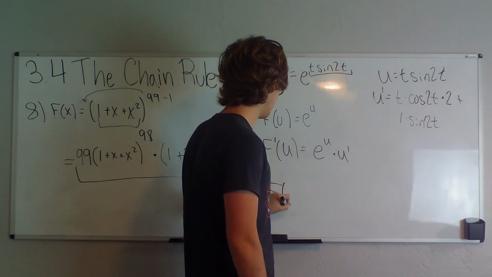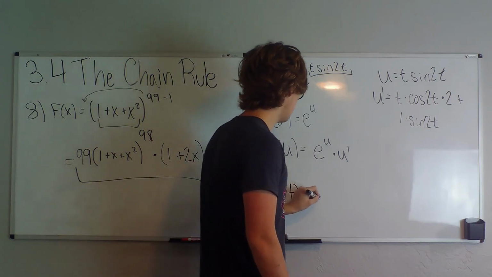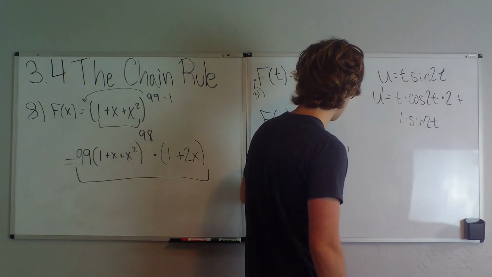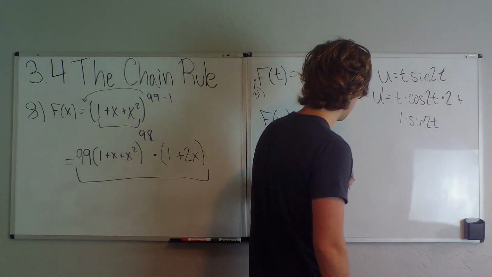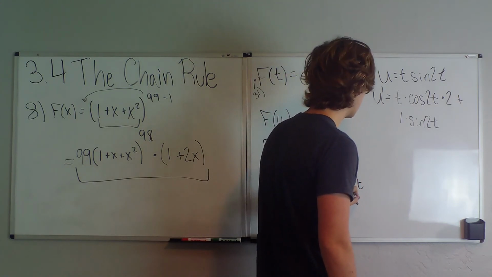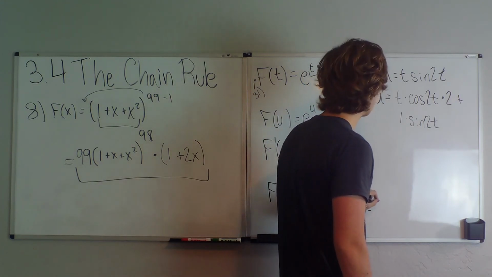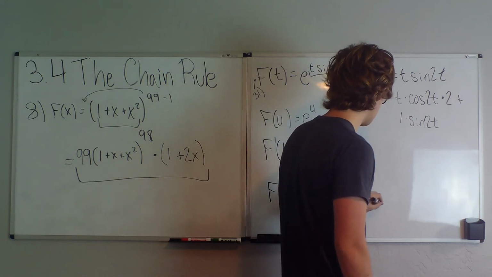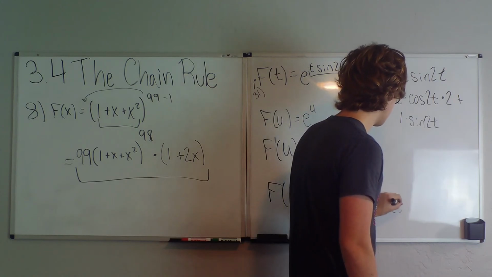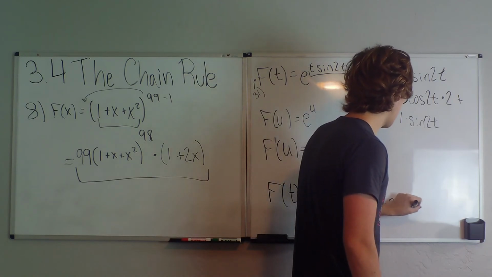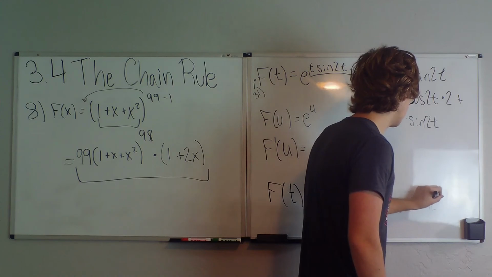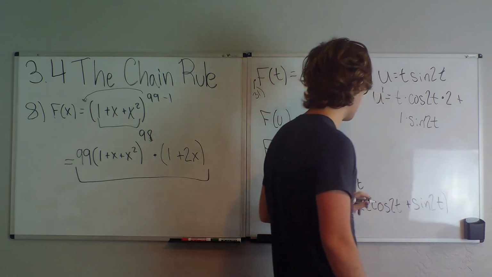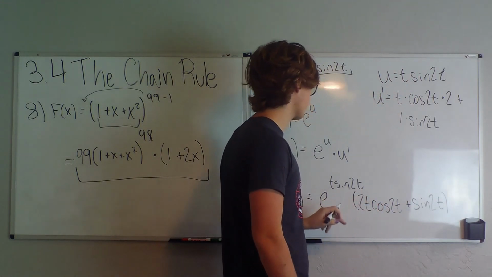We get f of t is equal to e to the t sine 2t times 2t cosine 2t plus sine 2t. And that is how you would do this problem.